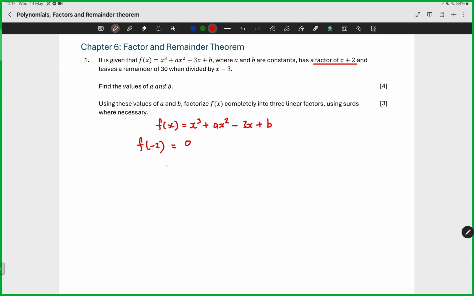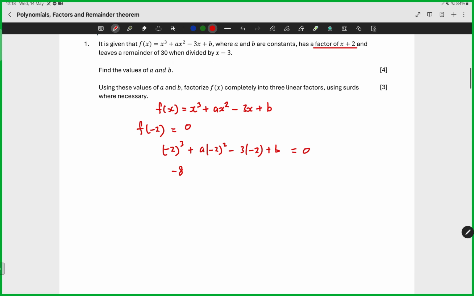So negative 2 cubed plus a times negative 2 squared minus 3 times negative 2 plus b must equal 0. So negative 8 plus 4a plus 6 plus b equals 0. 4a plus b equals 2, right?